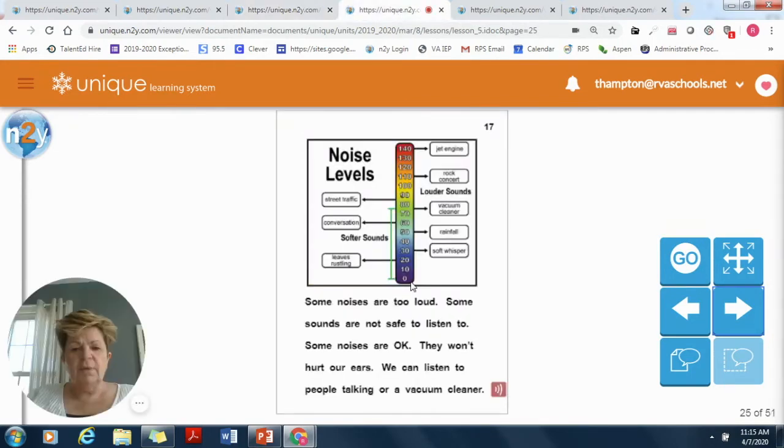Remember, here we were measuring how we heard sound and what was the quietest, with 0 being silent and going all the way up to a jet engine. So see how we can use diagrams to help us understand and organize information that's easy for us to learn from and study later.